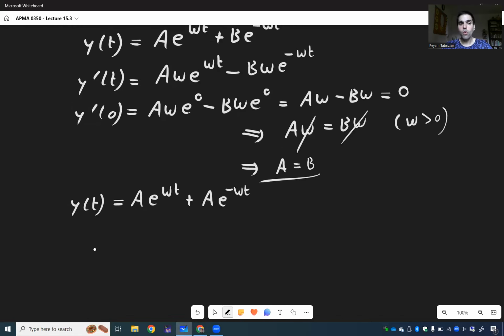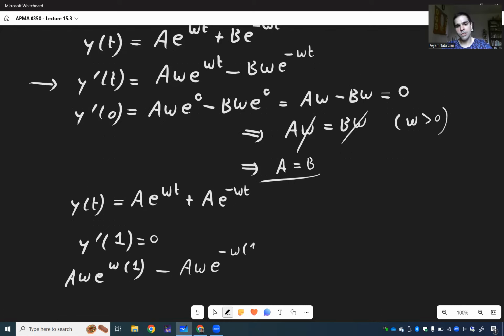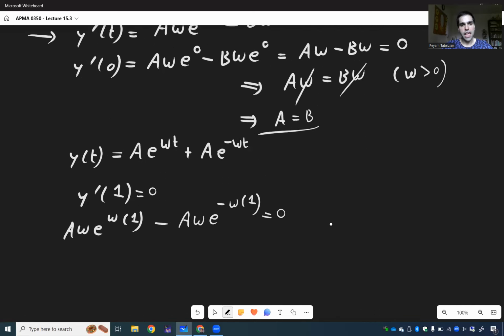Okay, and now we want to use the fact that y prime of 1 equals 0. So we have a formula for y prime: a omega e to the omega times 1 minus b omega, but b is a, so minus a omega e to the minus omega times 1 equals 0. And so we get a omega e to the omega equals a omega e to the minus omega.